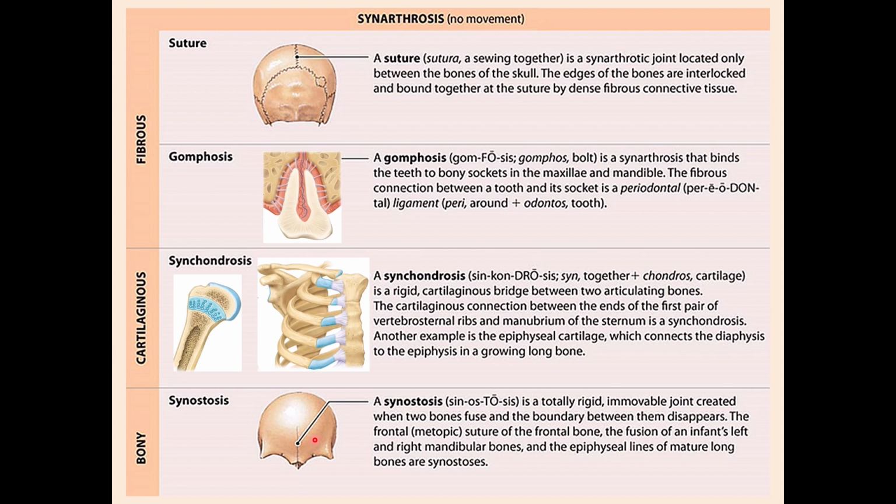Another example can be the mandible, the lower jaw. Again, when a baby is born, there's a little bit of separation, and then they fuse together, and they will not have any kind of mobility. So there are different types of connection that can happen between different bones.